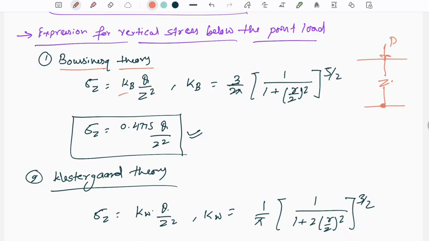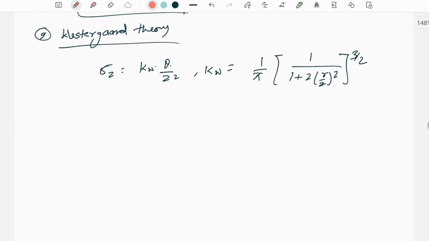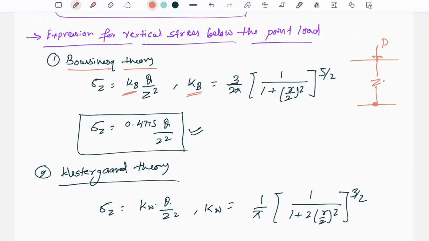Here Kb is Boussinesq's coefficient, and the expression for Kb is 3 by 2 pi multiplied by 1 divided by 1 plus r by z whole square, whole raised to 5 by 2. I again repeat this expression.